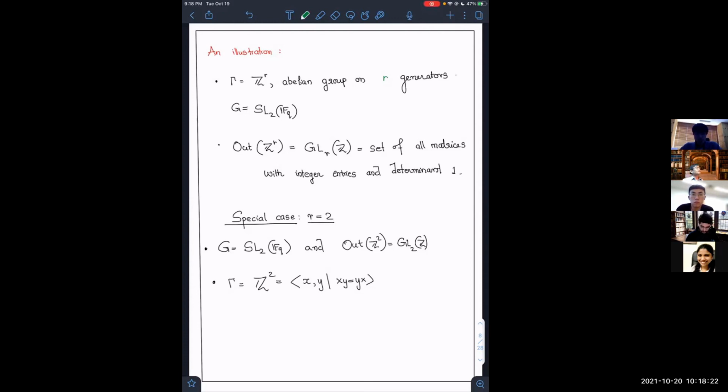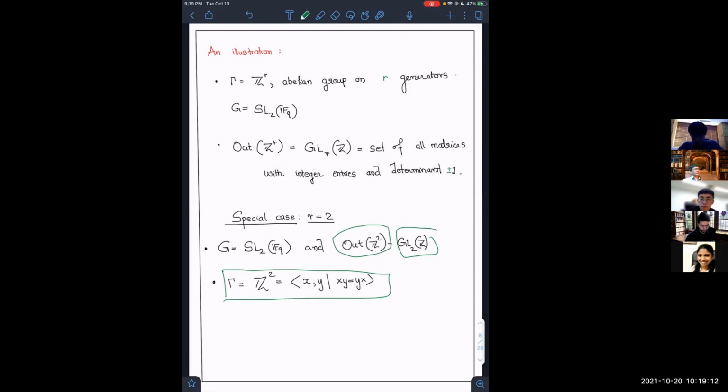The outer automorphism group of Z^R is GL_R(Z) in general, the set of all R by R invertible matrices with integer entries. Since the entries are integers and the matrix has to be invertible, it has to have determinant plus or minus 1. I want to choose the simplest case, which is R equal to 2. So we have Out(Z^2), which is GL_2(Z), and our gamma is just the abelian group generated by x and y, which commute with each other, and our G is SL2(F_q).